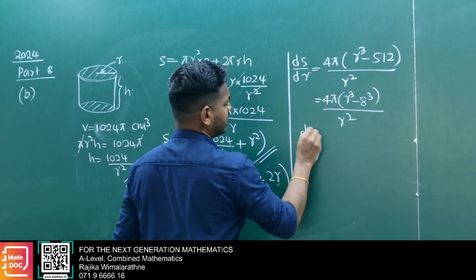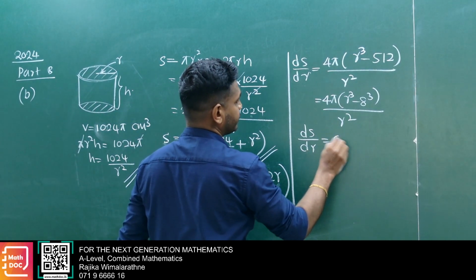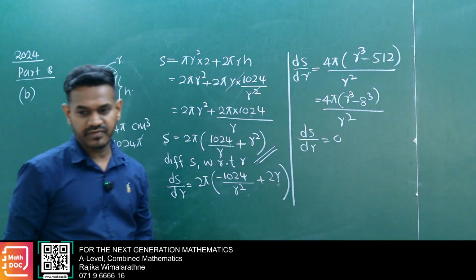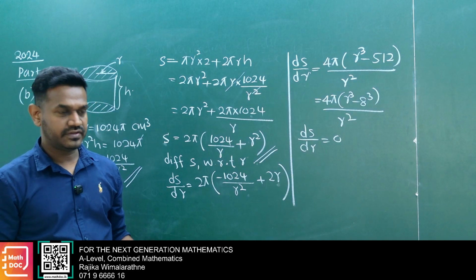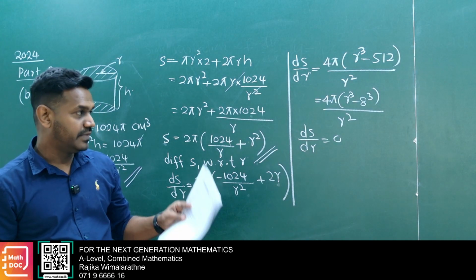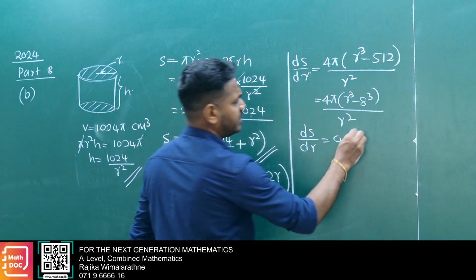Now set ds divided by dr to 0. To get a maximum or minimum value, you have to consider the derivative equal to 0. Here we need the minimum of S.